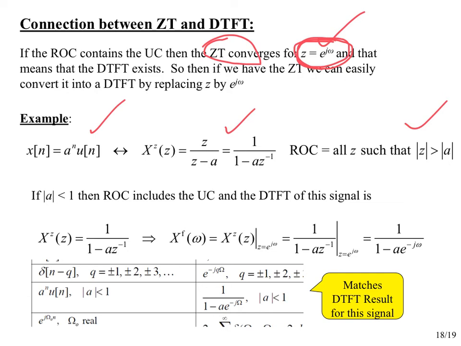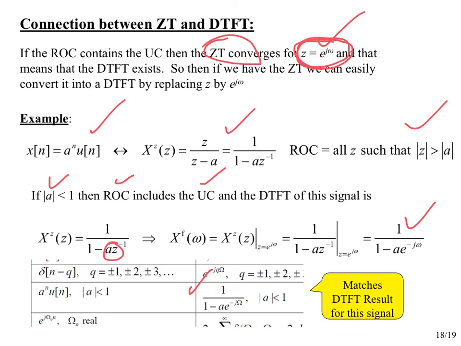And so if A is less than 1, then the region of convergence includes the unit circle, and the DTFT exists. And when the DTFT exists, all we have to do is take the Z and replace it by e to the j omega. When we do that, we get this result, and that matches exactly what we have seen earlier in our other course, is the DTFT of this decaying exponential.